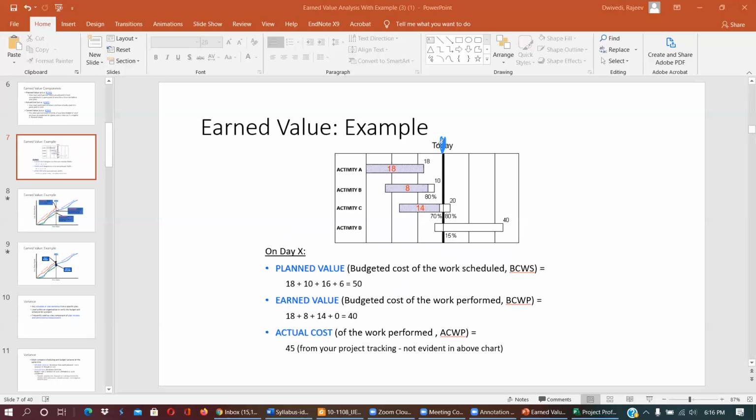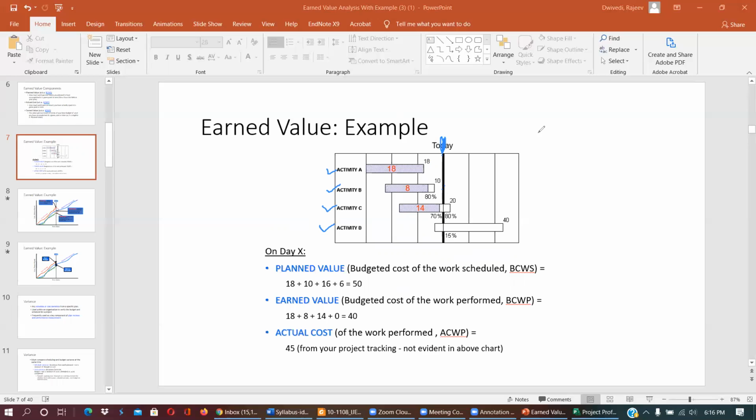What is the actual plan? By this time, activity A has to be completed, by this time activity B has to be completed, by this time activity C should be almost 80% completed, and by this time activity D is almost 15% completed.